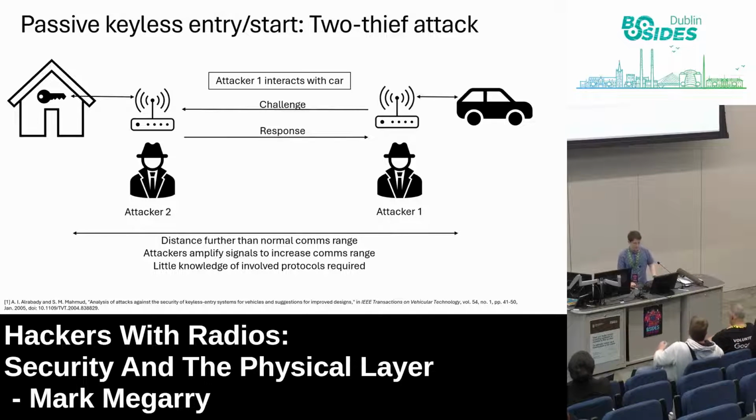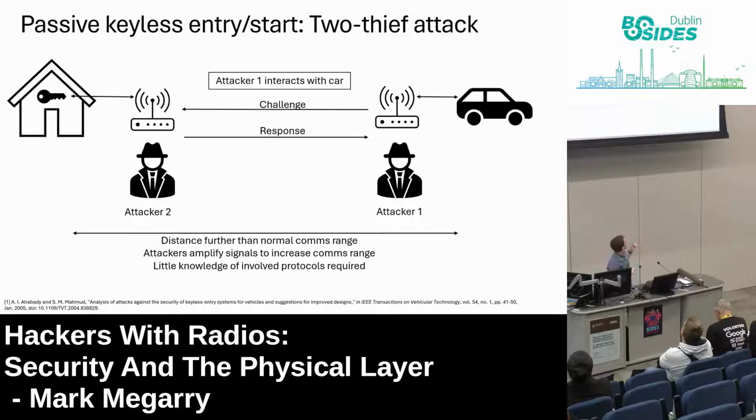So you might have seen a video of this attack happening on YouTube or something, but we have what's called the two-thief attack, where picture this scenario. It's at night, the owner of the car is in bed, their key is in their house, and we have an attacker with an antenna next to the house, who's just trying to find the signal from the key.